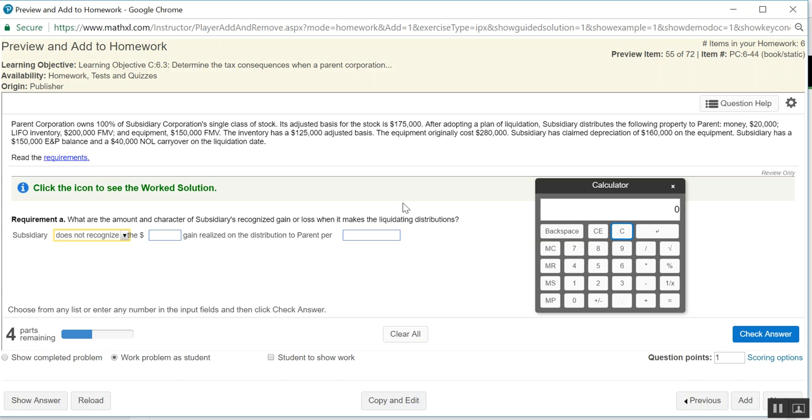Then we have the inventory with a basis of 125. And then we add to that the adjusted basis of the equipment, which is 280 minus 160, or 120.